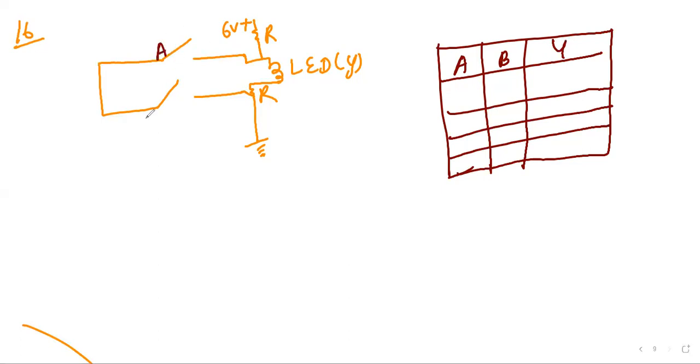This is your A point, this is your B point, this is 0, this is 1, this is 0, this is 1. Right. So its combination will be like this: 0, 0, 0, 1, 1, 0, 1, 1. So find out the value Y. So when it is 0, 0, right? So it is high.